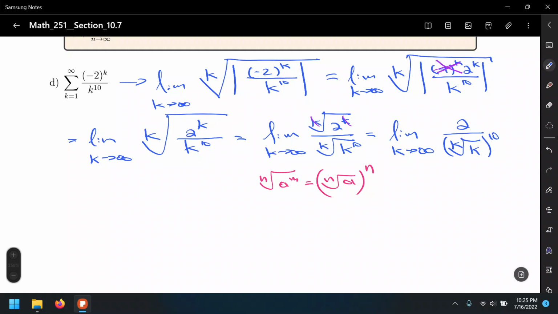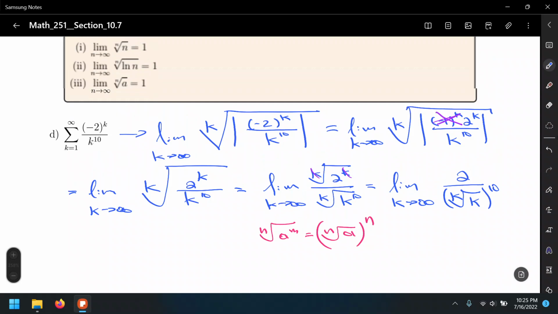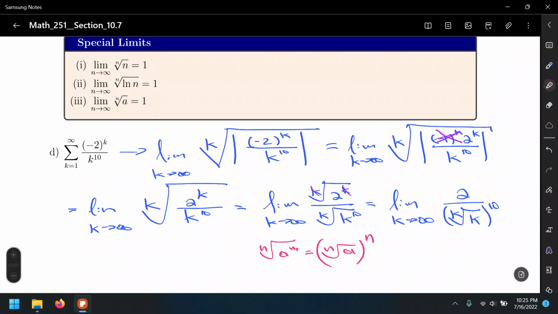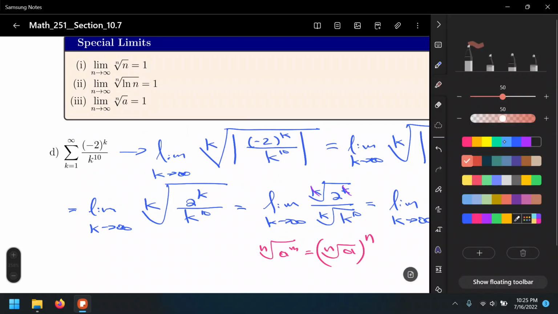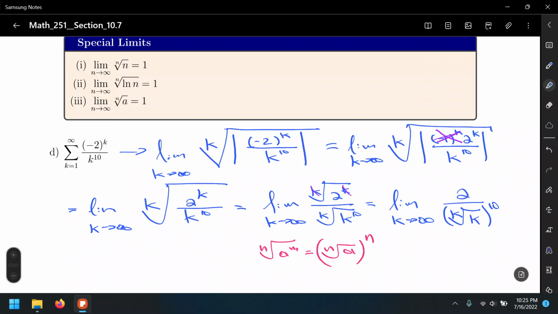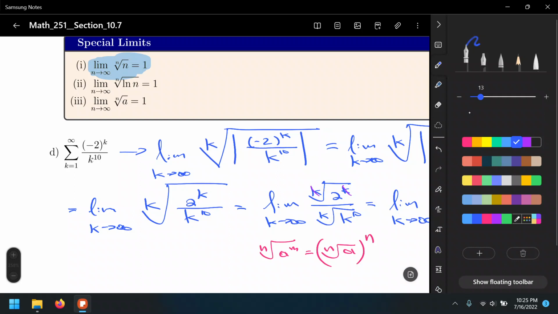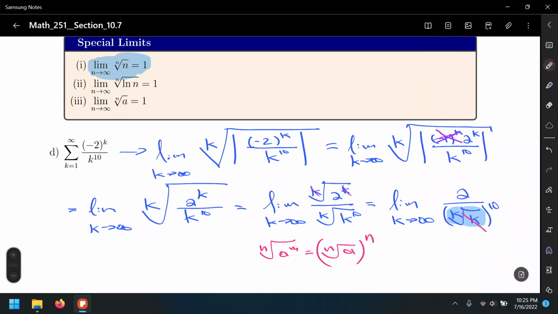Like I mentioned before, this will be one of these special limits. In particular, we have the special limit where the nth root of n goes to 1, which is what we have: the kth root of k. This limit will go to 1 because of this special limit right here.